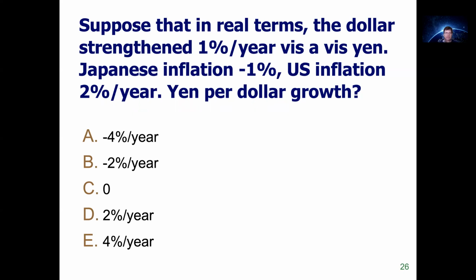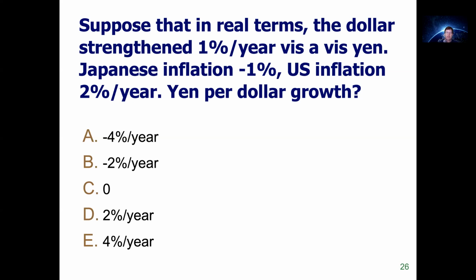Okay, so let's think of our formula. We know that the nominal exchange rate is affected by the real exchange rate. So that's 1% per year we add in. But to the extent that Japanese inflation is higher than the US inflation, we'll get a higher rate of growth in the exchange rate. However, Japanese inflation wasn't higher, it was lower.